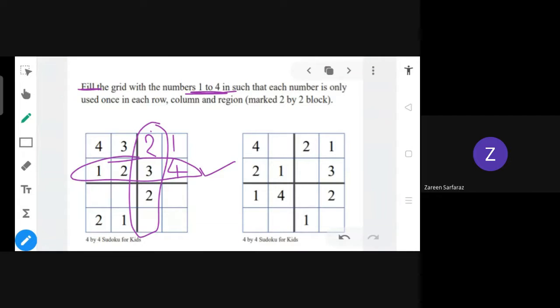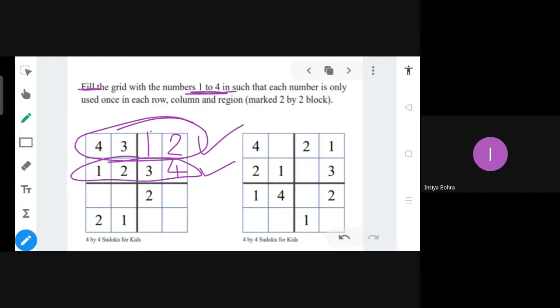Understood? Numbers should not repeat in a line, horizontally and vertically also. So 2 and 1 you can write like this, or 1 and 2. This way you can write. So in one line all 1 to 4 are done, and in the second line also 1 to 4 are done, right? Yes, ma'am.